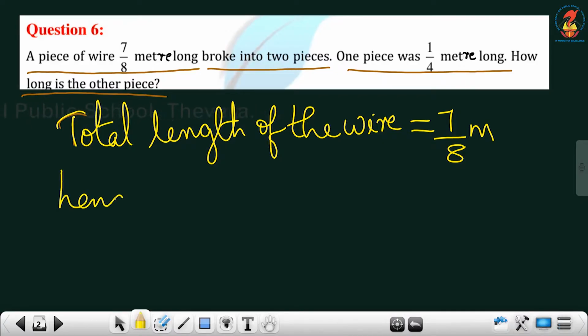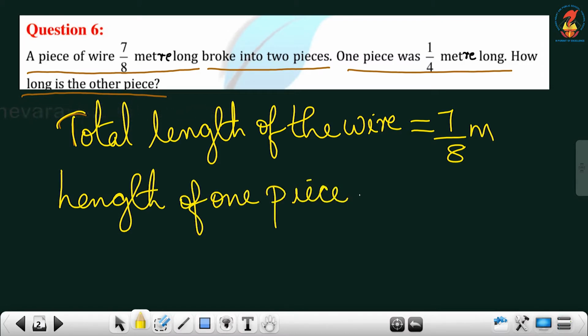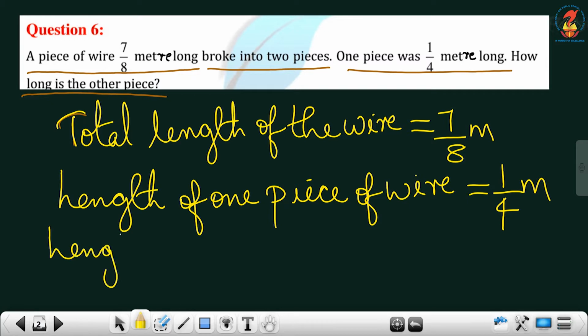Length of one piece is equal to 1 by 4 meter. We have to find the length of the other piece.